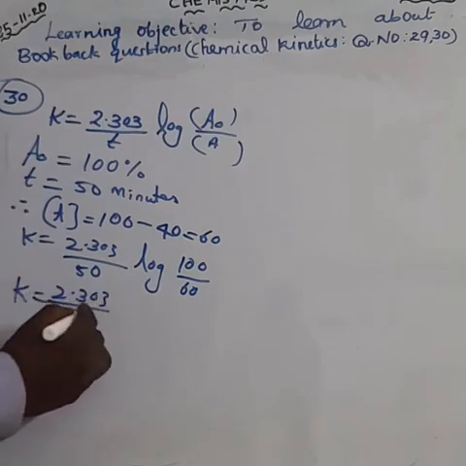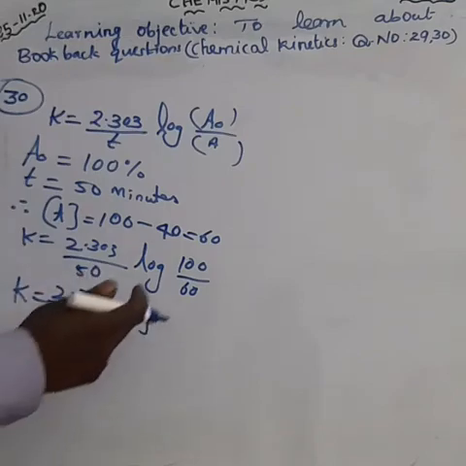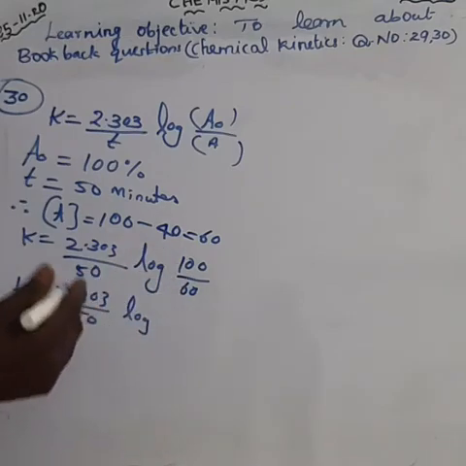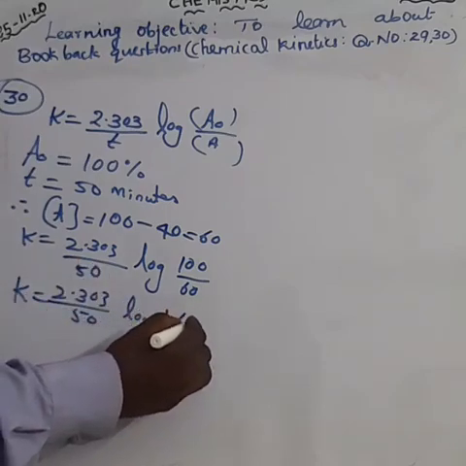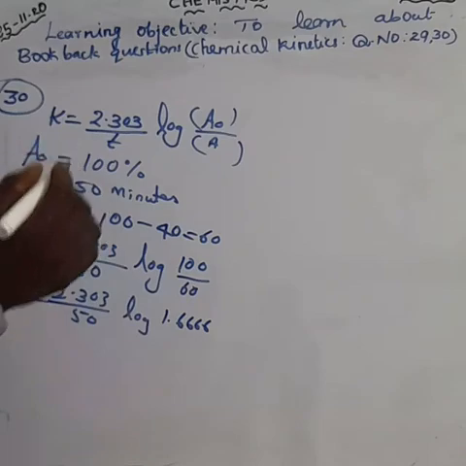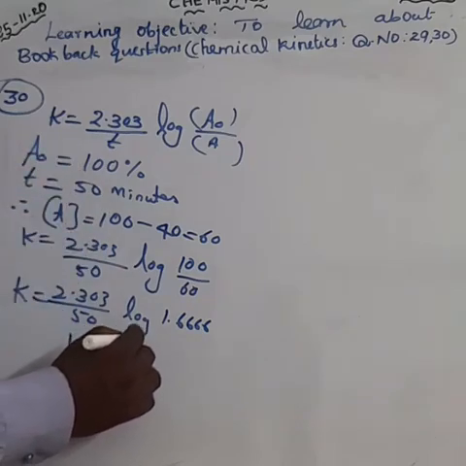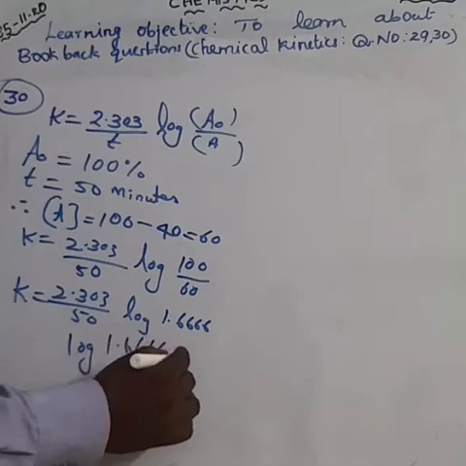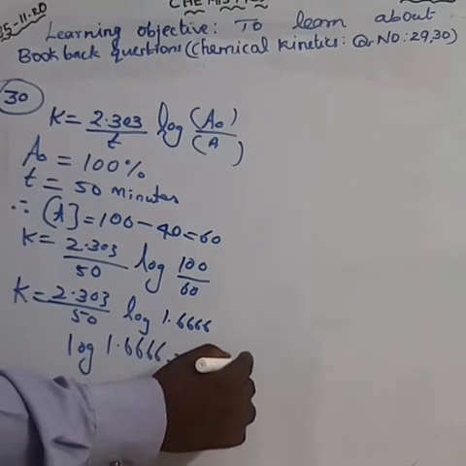2.303 divided by 50 log. When we divide 100 by 60, approximately we get 1.6666. The log of 1.6666 is 0.2218.